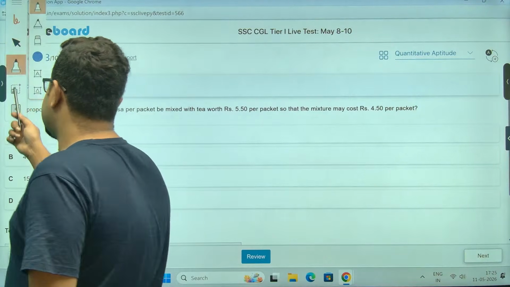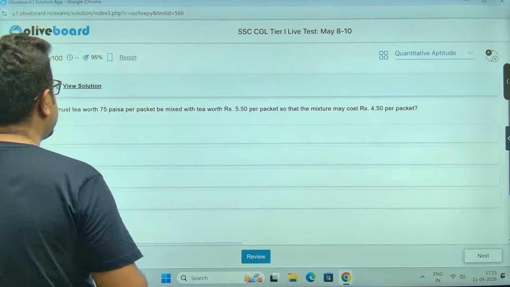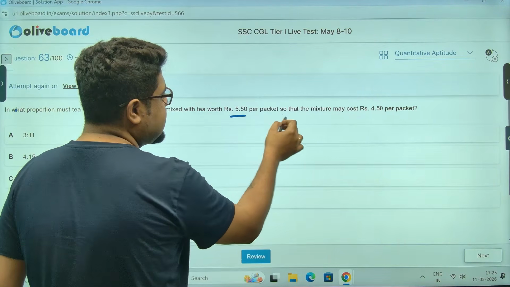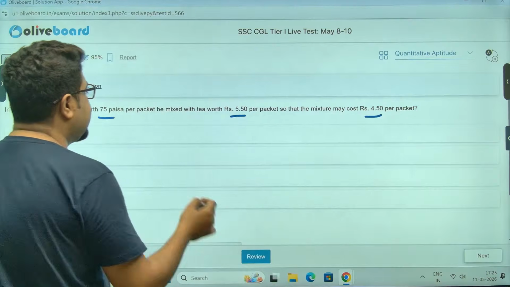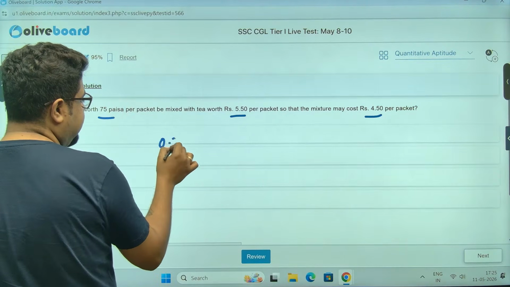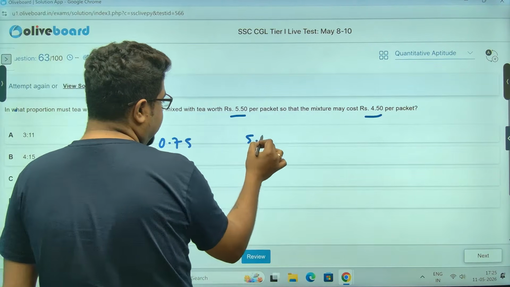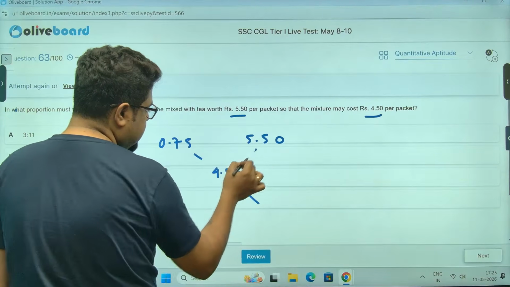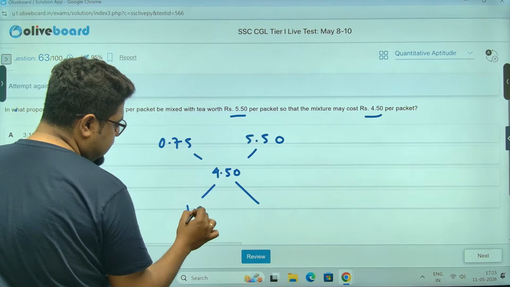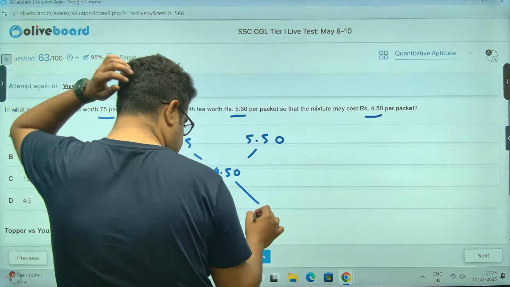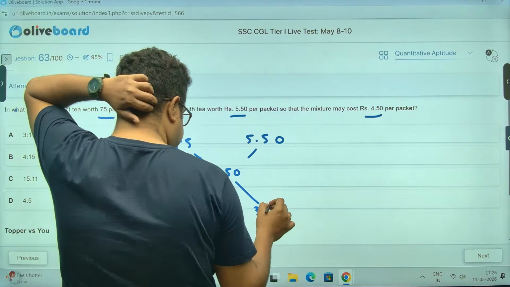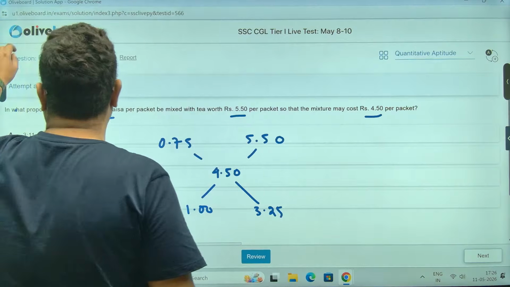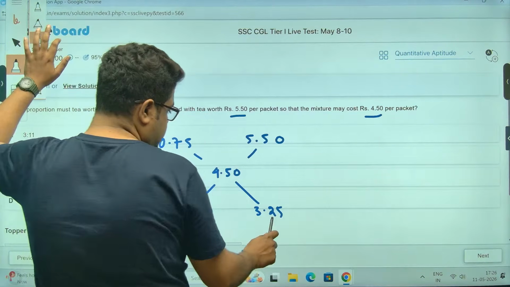So next one, please. At what proportion should tea worth this much per packet be mixed with tea worth this? Oh, sir, again, simple alligation. 0.75 rupees, 5.50 rupees, and the final is 4.50. This is 1 rupee and this is how much? 3.75 rupees.